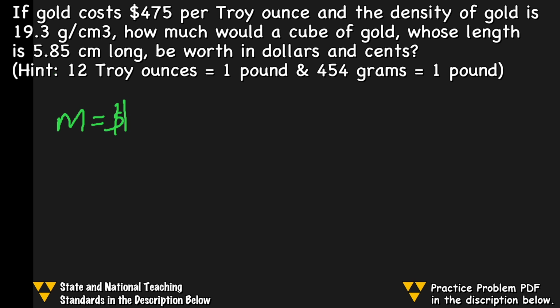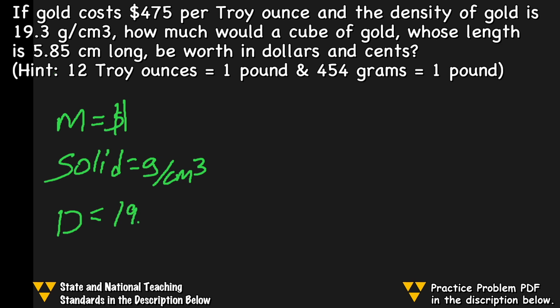I know this is a solid, so that's grams per centimeter cubed, and I know my density equals 19.3 grams per cubic centimeter. In order to find my mass, I need my volume before I do anything else. So let's go ahead and start working for our volume.